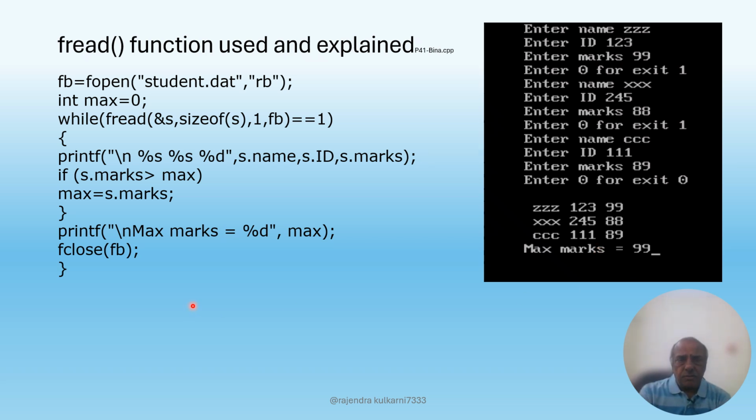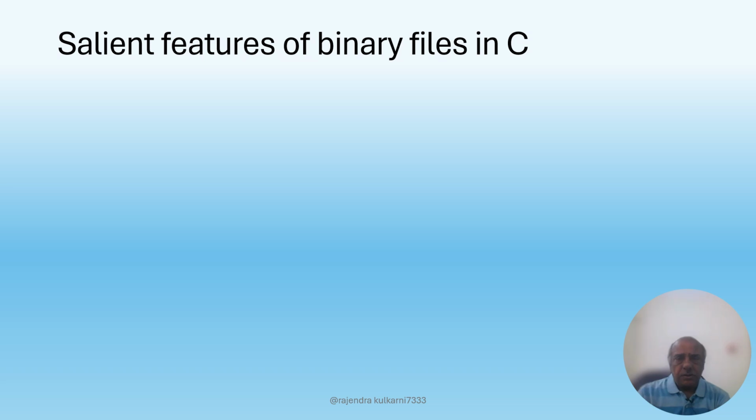So this is how our fwrite and fread functions can be used, how we can write data to a binary file, how we can access that data using the fread function, and how to display the results. There are certain salient features of binary files in C. These files differ on 3 counts from text files.